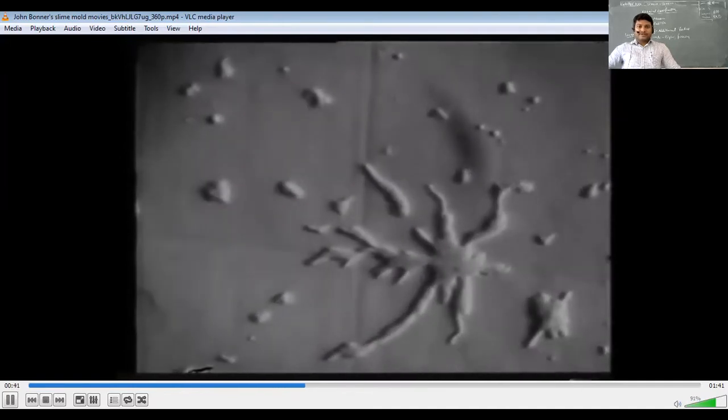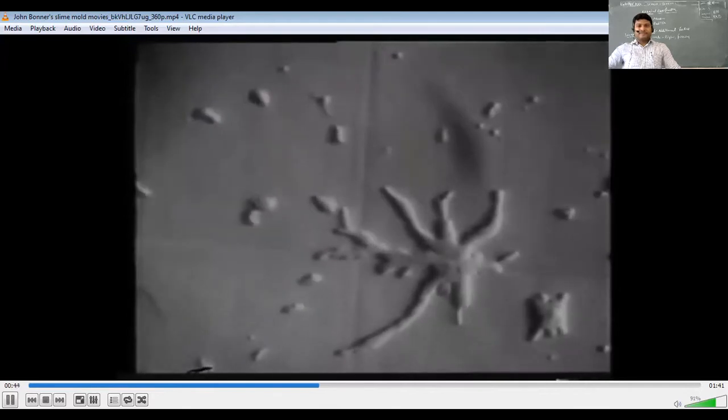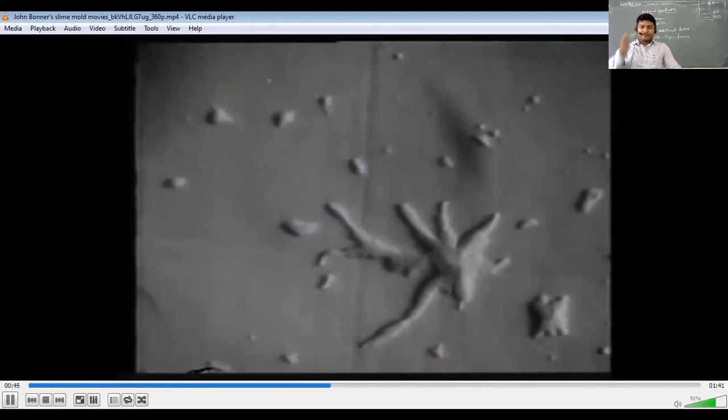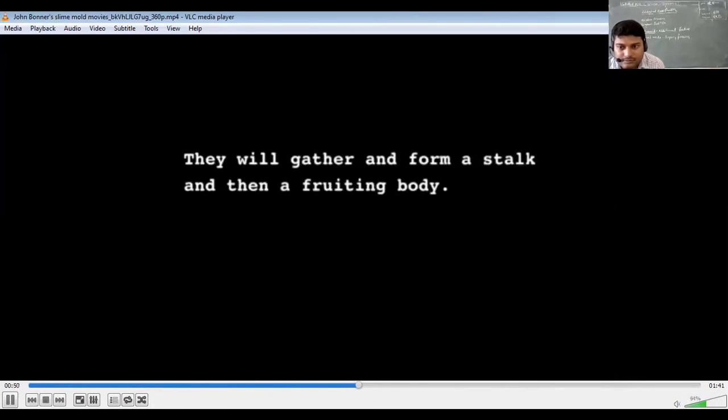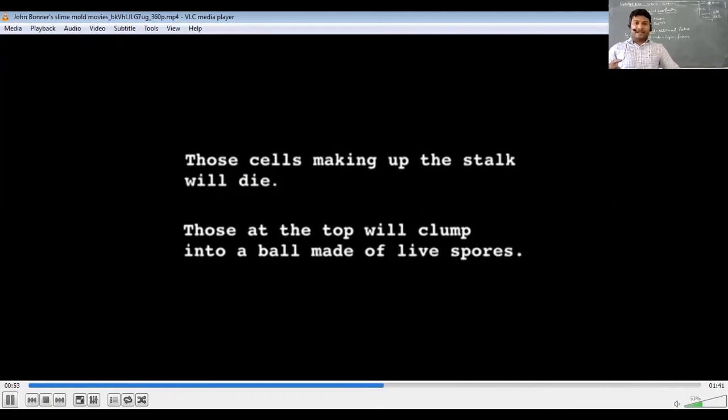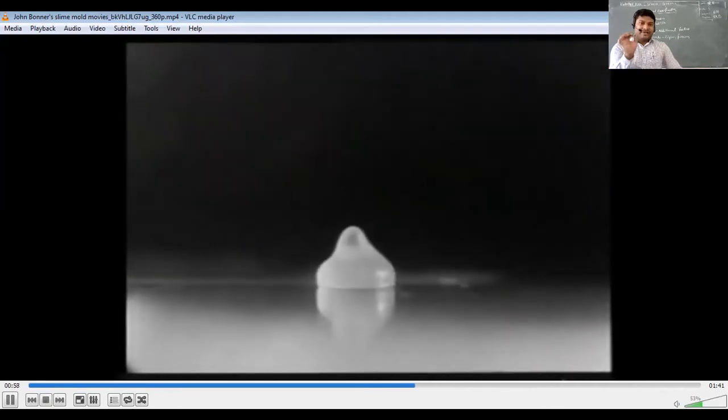Look how they are coming together. These are all the amoeboid cells. So what you saw were all the amoeboid cells that came together, and sometimes they are going to form this fruiting body.